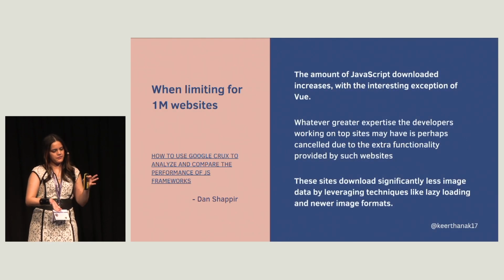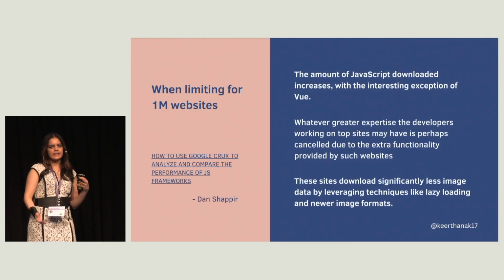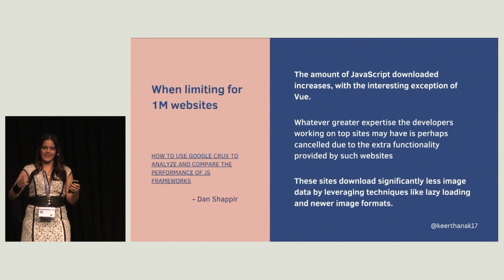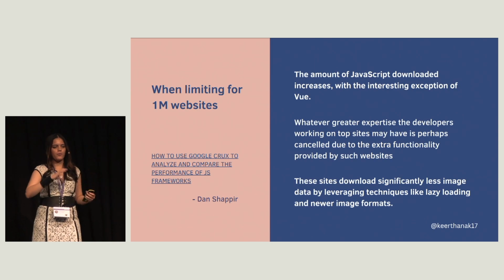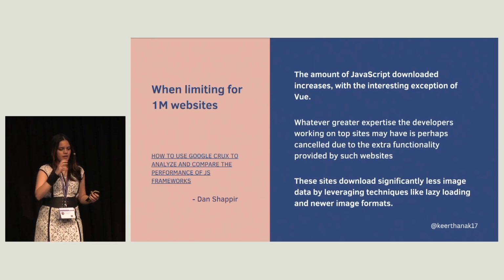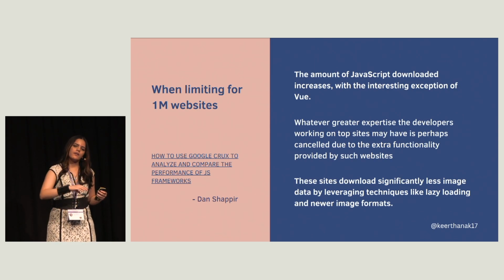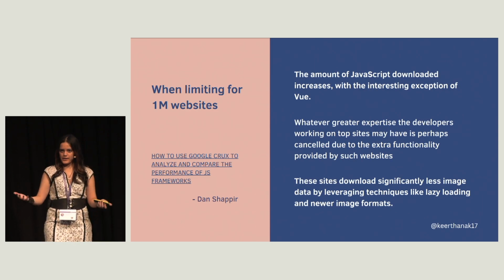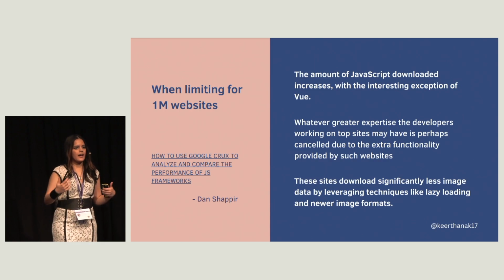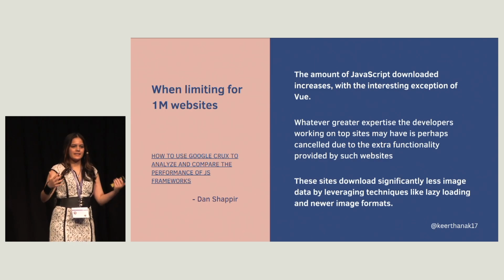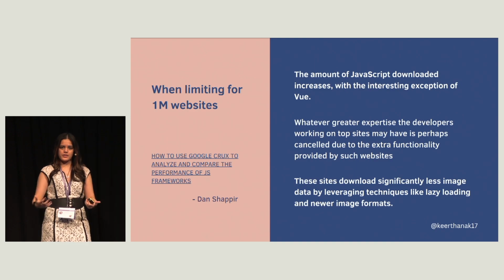So when you limit to 1 million, what are some of the key things that we notice? The amount of JavaScript downloaded increases when you filter for the top 1 million websites with the most traffic for the United States on mobile clients, which means arguably these are the most popular websites, which means arguably they have more features, more expectations from the users, more users using it.